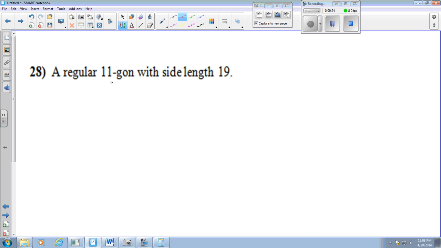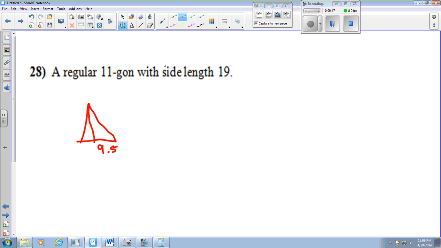28. A regular 11-gon with side length of 19. This is a little bit more interesting because they don't give us the whole picture. We know that they're going to have a triangle, and the side length is going to be 19, which is going to make half of it 9.5.